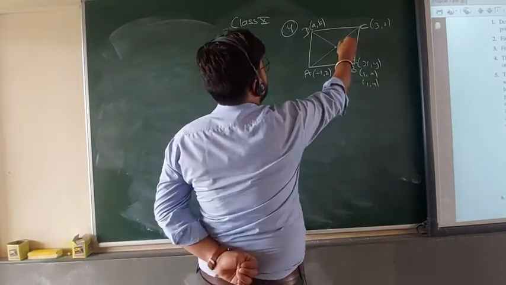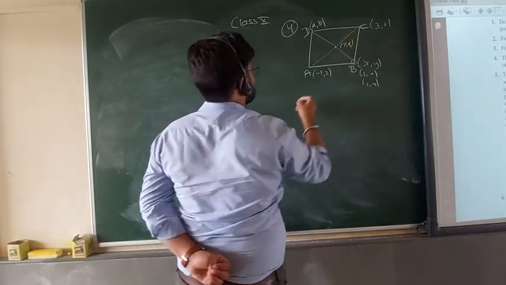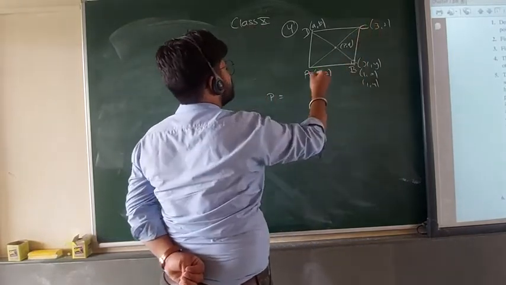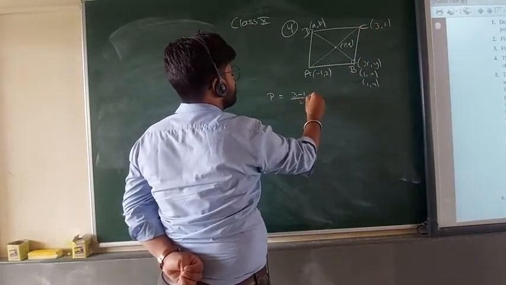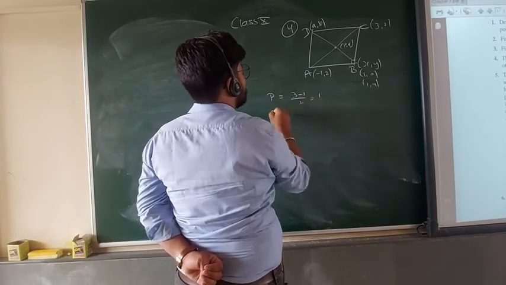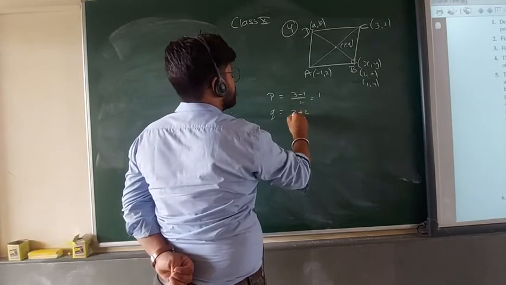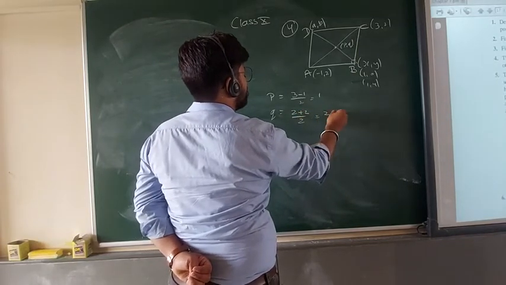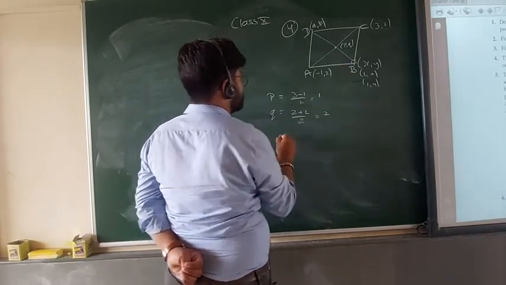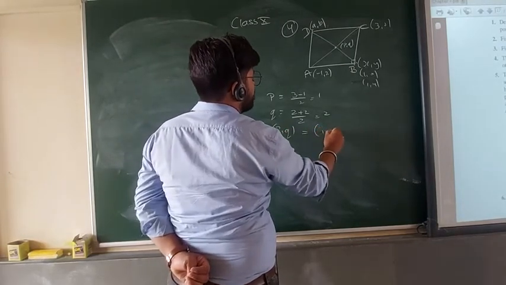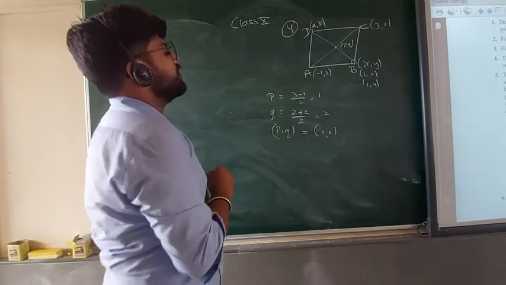So I will take P and Q. First find this P and Q. So P will be what? (x1 plus x2) upon 2, which means 3 minus 1, 2, upon 2, 1, and Q will be (y1 plus y2) upon 2, 2 plus 2, 4, 4 upon 2, 2. So it will be (1, 2), (p, q). Now we get this also.